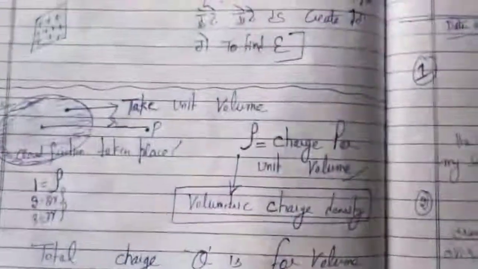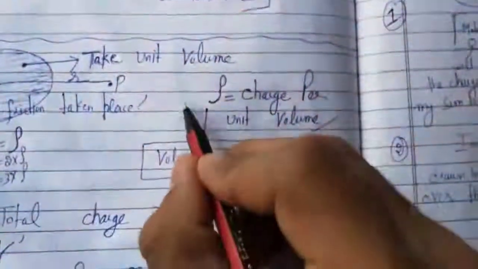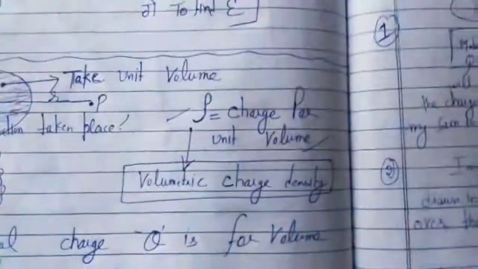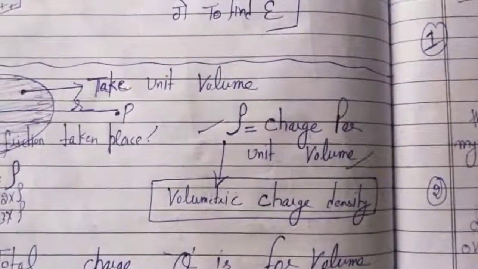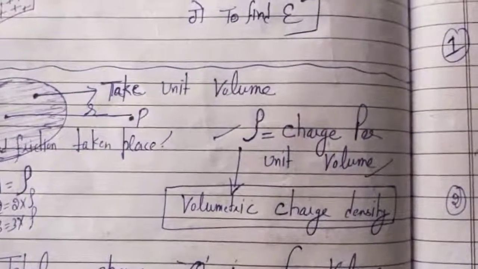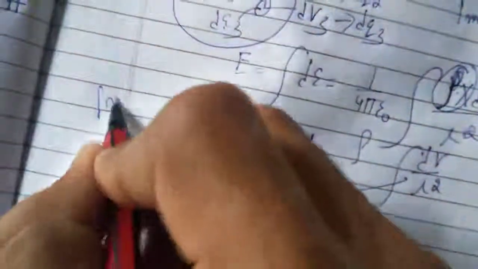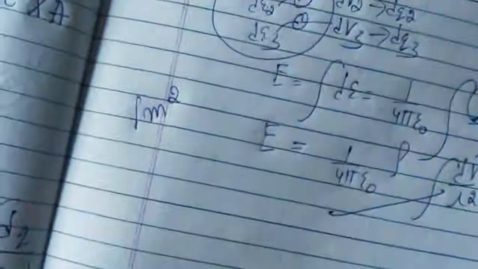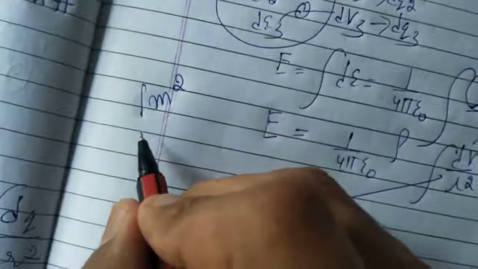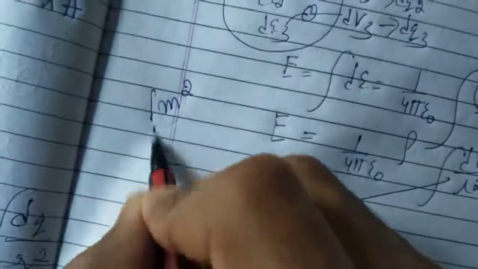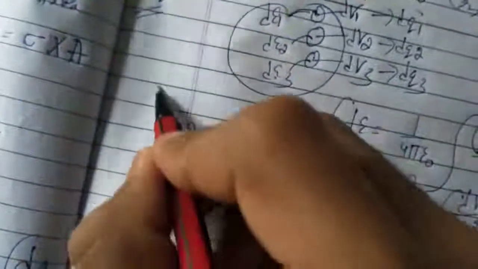So first of all, in every case, if area is there, your target is to find the charge in 1 meter square area, and if volume is there, you have to find the charge in 1 meter cube of volume, and if length is there, you have to find the charge per unit length.